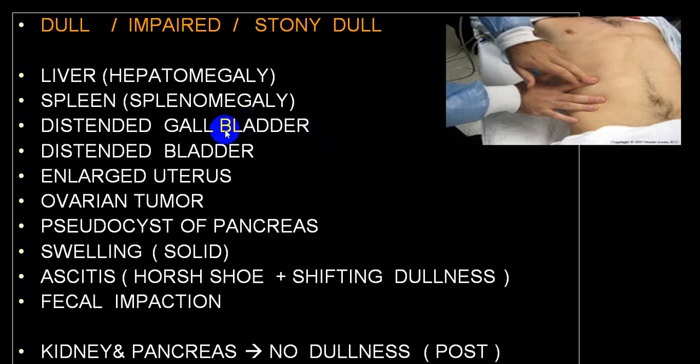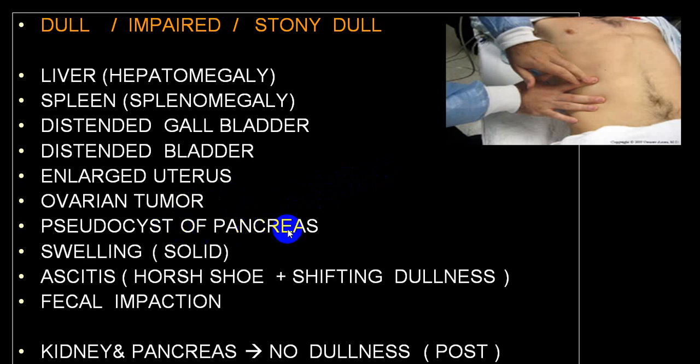So it will be an inflamed gallbladder. So it is usually tender. Enlarged uterus, particularly infected or malignancy, may be tender. Ovarian tumors, by and large, are usually malignant. Very occasionally they are benign tumors.